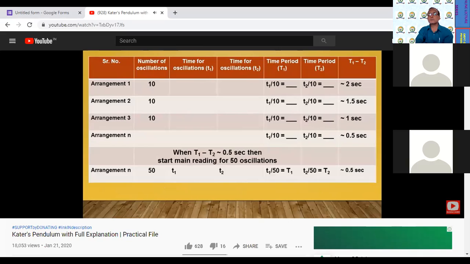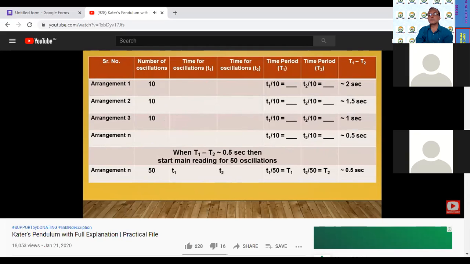Like in case of arrangement 1, we started this experiment with 10 oscillations and noted its time, then calculated the time for one oscillation in both cases, and the difference of their time, let us consider, was 2 seconds. Then we arranged it further and got this difference to be around 1.5 seconds. Similarly, for the next arrangement we got it around 1 second, and then after the nth arrangement we got a time difference of 0.5 seconds, which is ideal for our experiment.